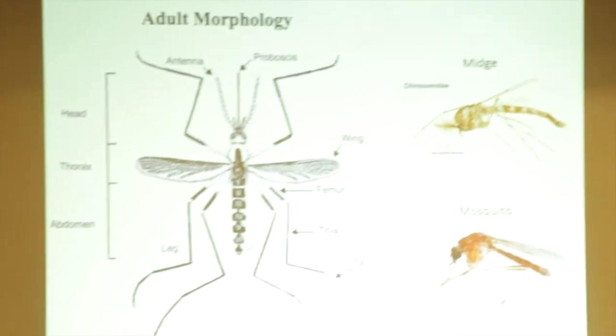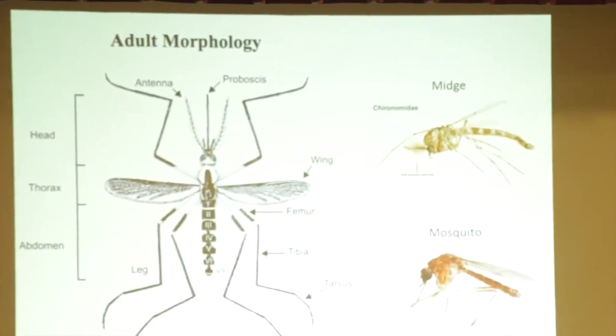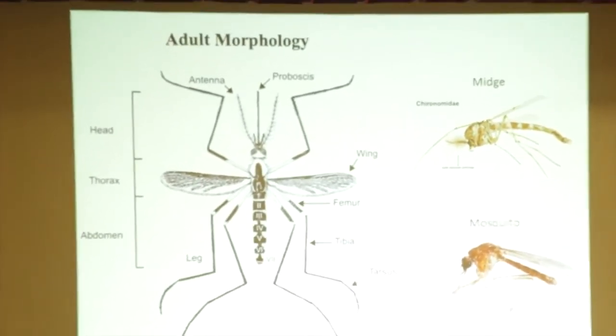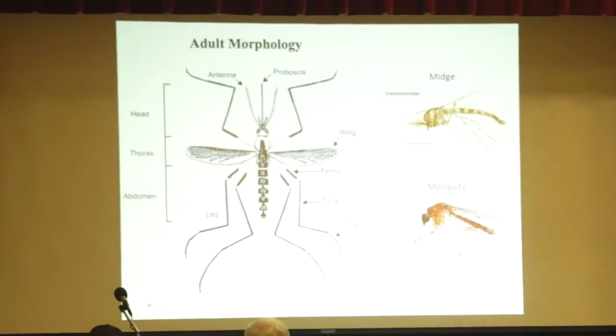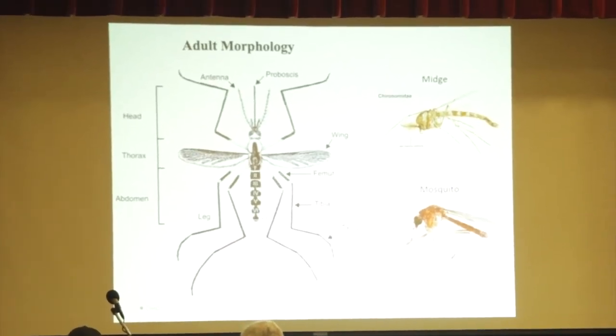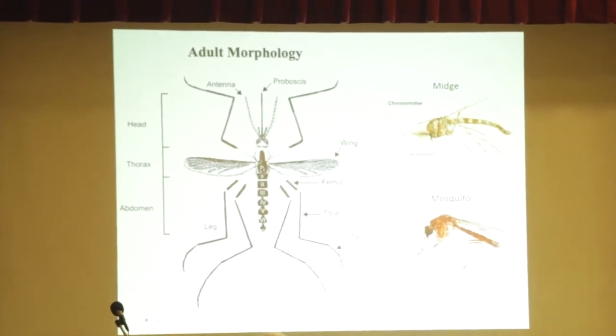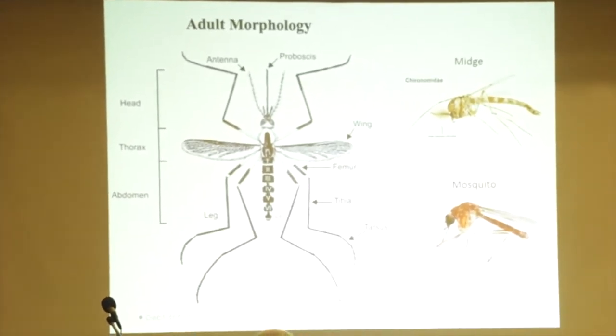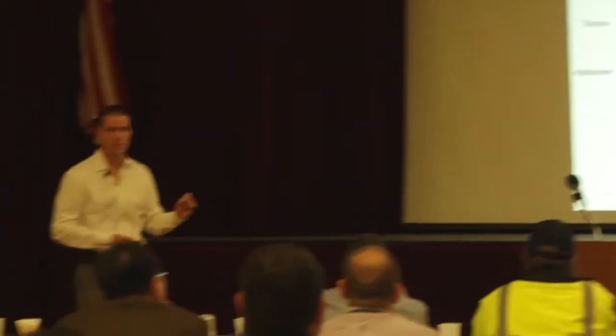All right, so just so we're all on the same page with simple morphology, this is the adult mosquito. It is an insect. It has 3 body segments, 3 pairs of legs, and 2 wings. There are actually a lot of other families of Diptera that have similar appearances to mosquitoes.